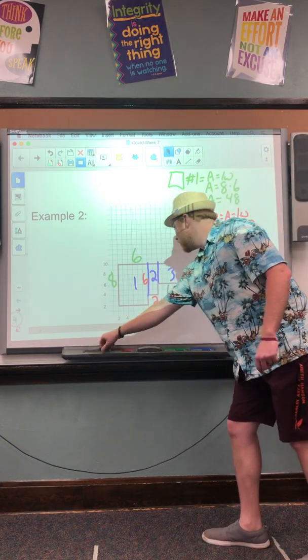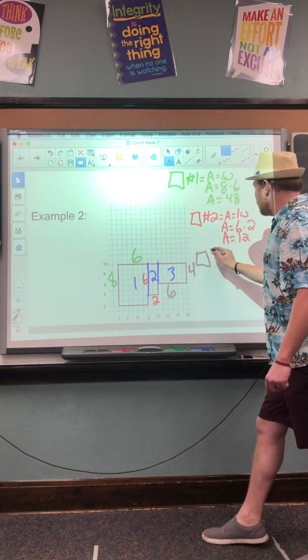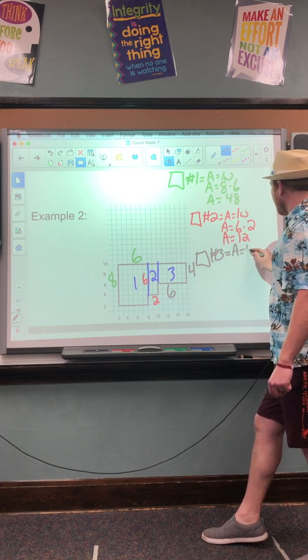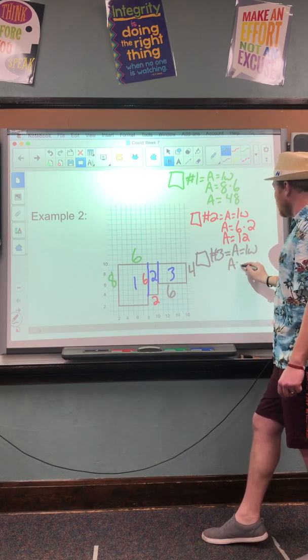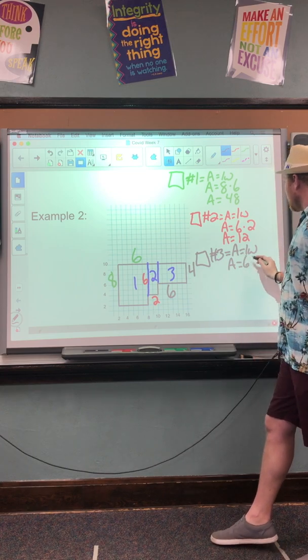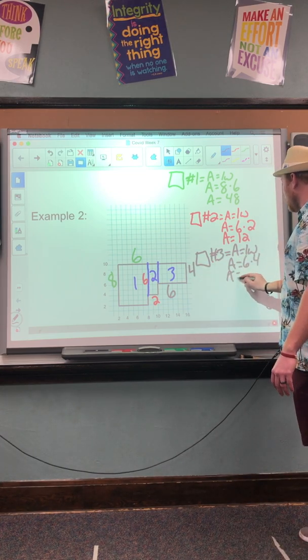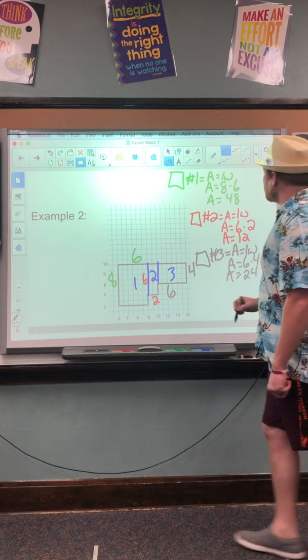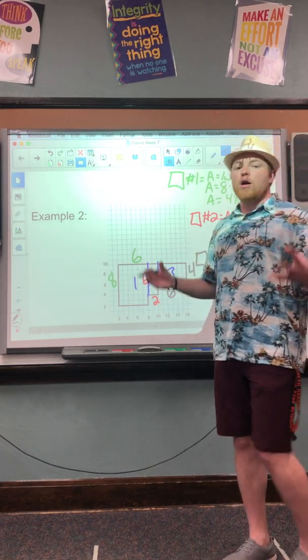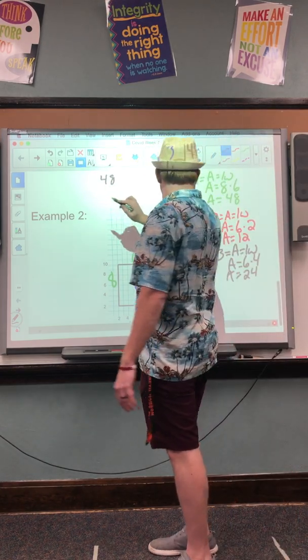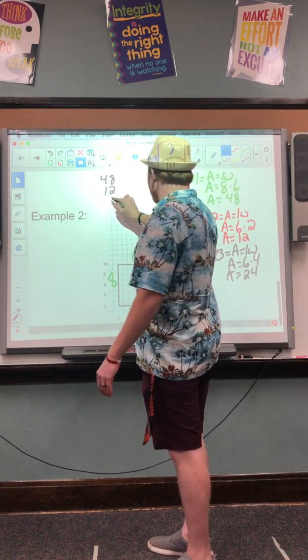And then rectangle number 3 would be area equals length times width. The length would be 6, and the width would be 4. So 6 times 4, which is 24. So now you have to add up all the shapes together. So you would have 48, 12, and 24.